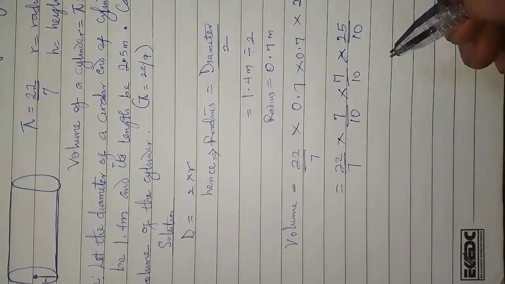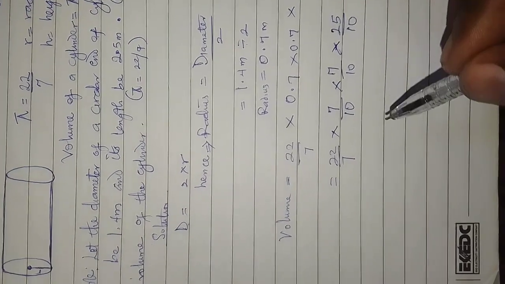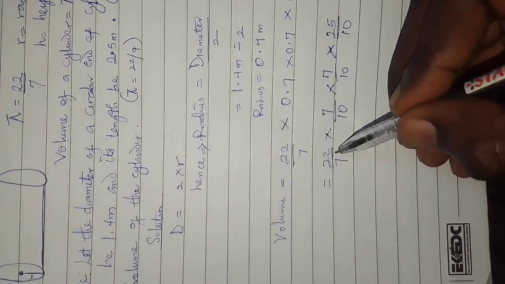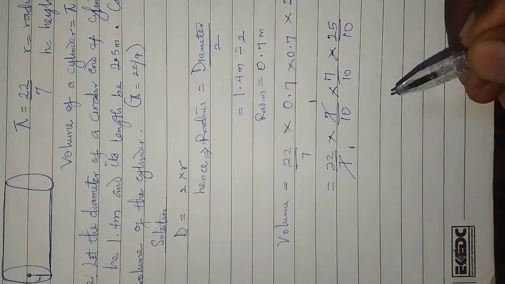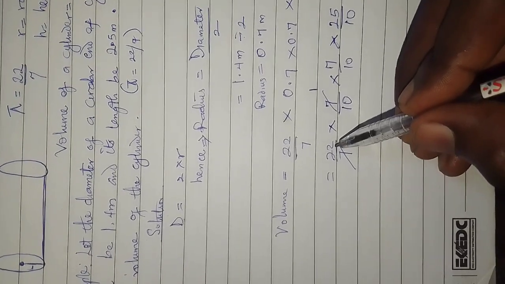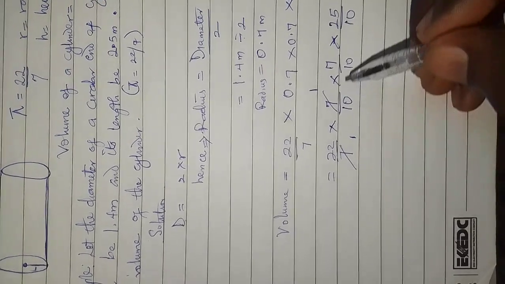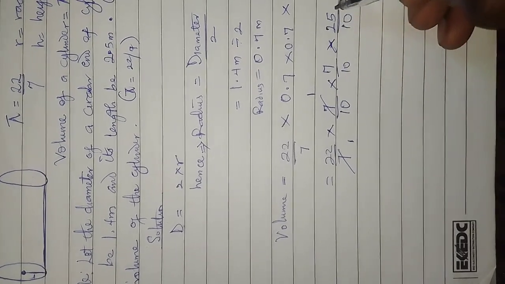Now it will be easier for us to begin to break this into smaller parts. 7 here is 1, 7 here is 1. And then we have 2, which is 22, multiplied by 1, multiplied by 7, multiplied by 25.